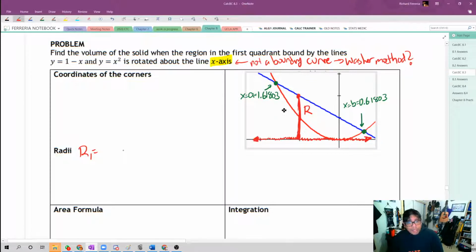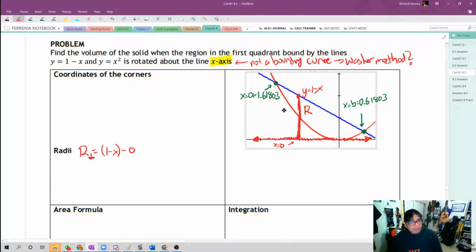Now the equation of the big curve is y equals 1 minus x. So this radius is equal to 1 minus x minus, now the x coordinate down here is 0, so minus 0.